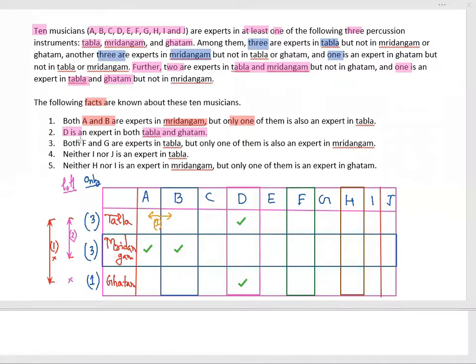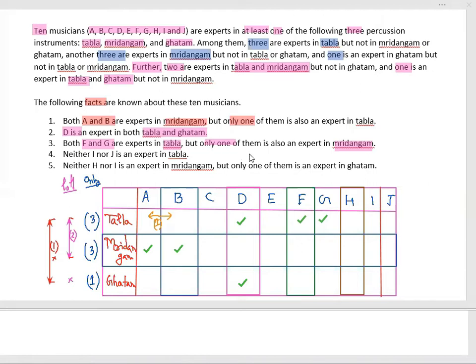Point number 3, both F and G are experts in tabla, but only one of them is also an expert in mridangam. So in the case of F and G, both are experts in tabla.